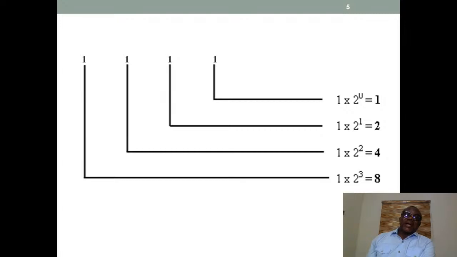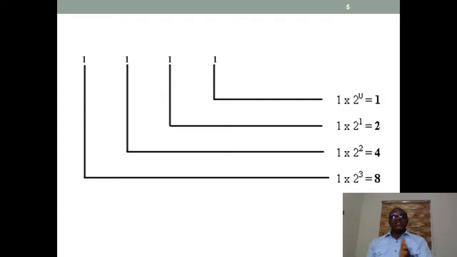if we look to the right, which we call the least significant bit, that one represents 1 times 2 raised to power 0. The next one to it represents 1 times 2 raised to power 1, which is 2.